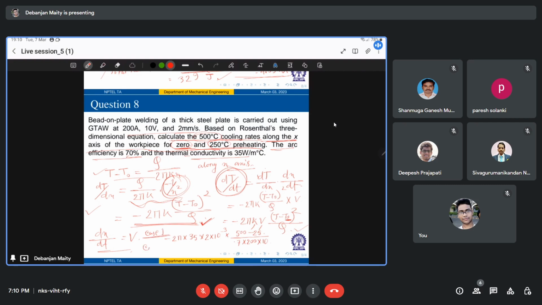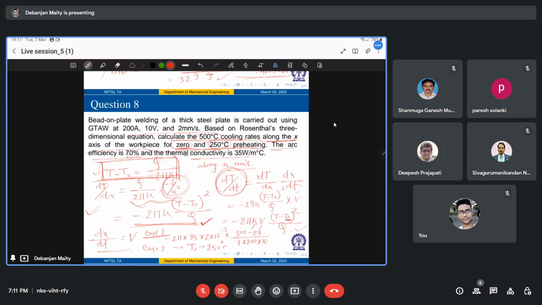For case 2, T naught will be 250. Provide me some value of this cooling rate, dT/dt, for the two cases. Is the concept clear? Let's say this equation is provided for you, and then tell me, is the concept clear?